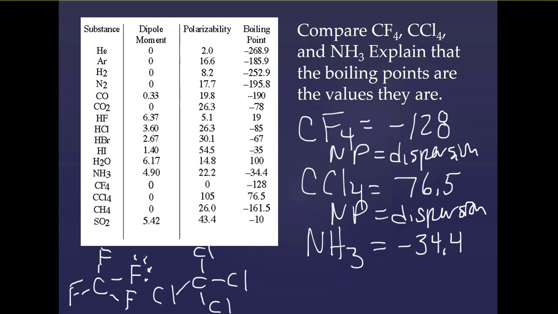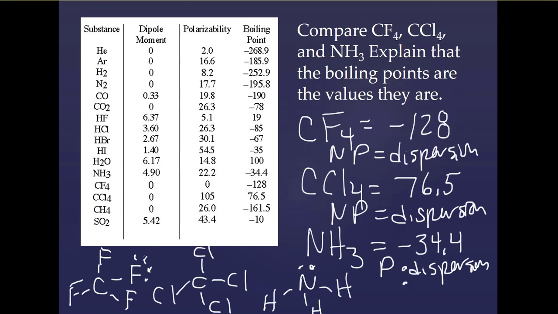And let's look at the last one, ammonia. So ammonia, it is trigonal pyramidal. And because it has those unbonded electrons, this is always polar. All right. So being polar, it will have dispersion forces, as all things do.